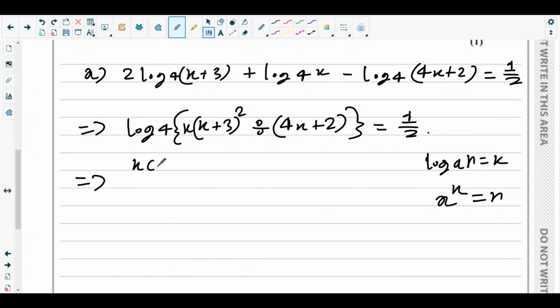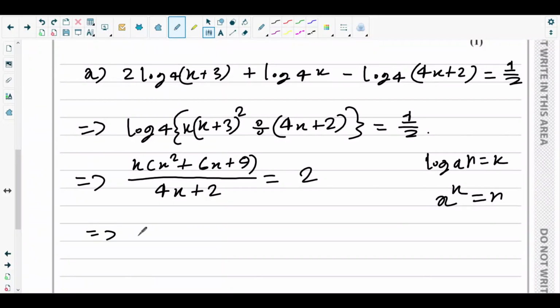So x times (x squared plus twice of x times 3, which is 6x, plus 9), over (4x plus 2), equals 4 to the power half, a to the power x, isn't it? So 4 to the power half is 2. Now cross multiply.